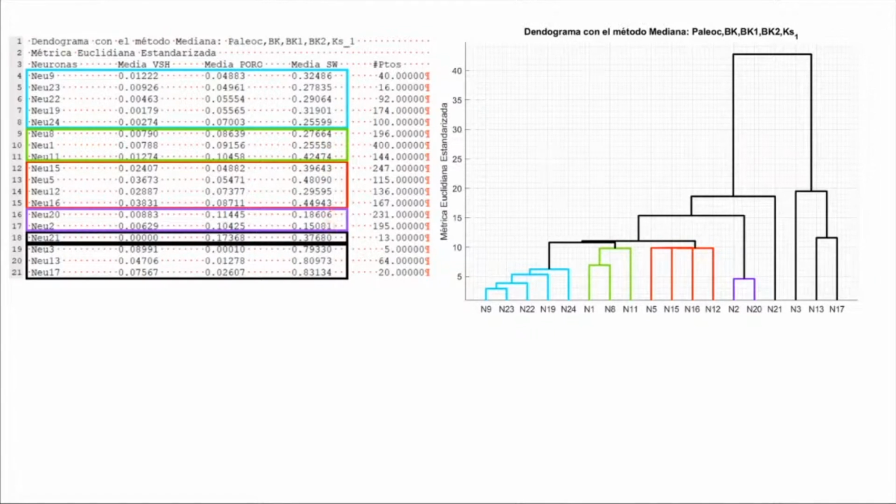The other neurons are separated in separate clusters and represent the bad portion of the reservoir.